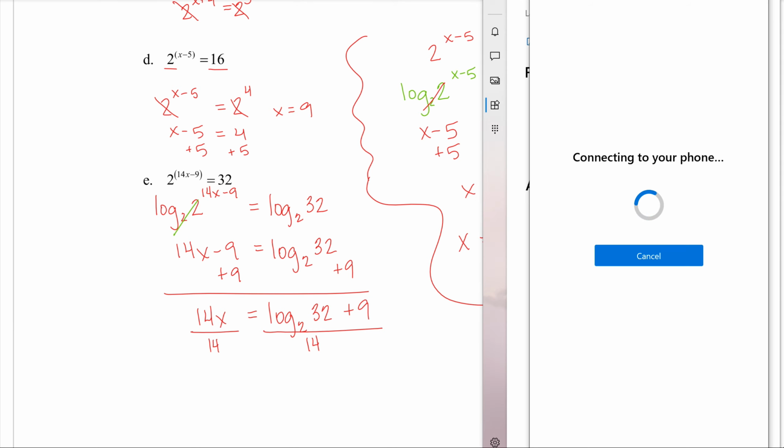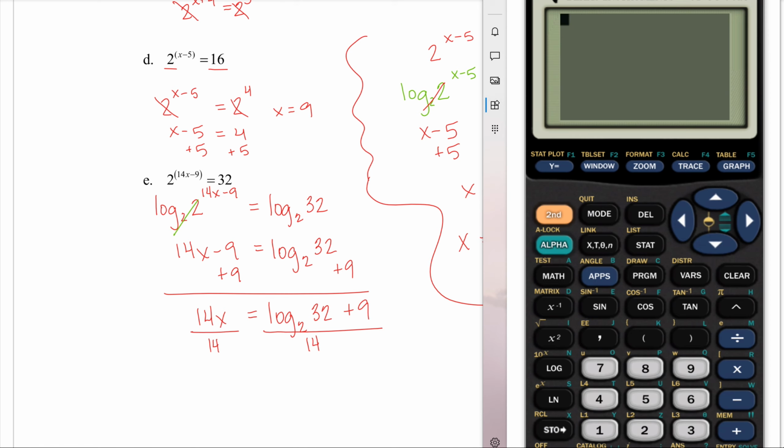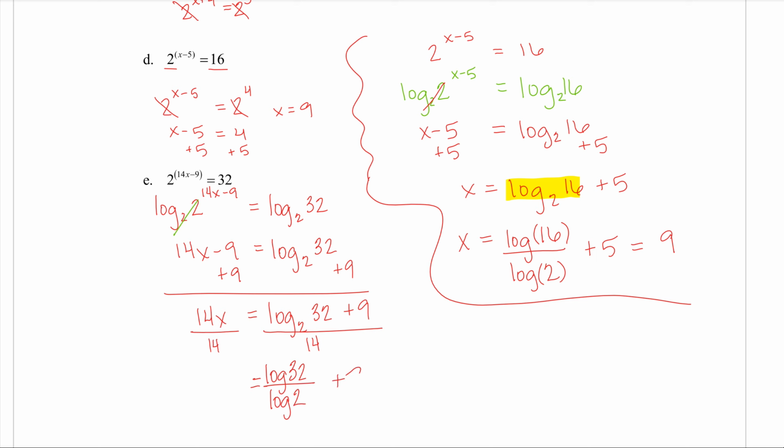Okay, so in my calculator, I'm going to do this one at a time. Let me move this down so that you can see it. All right, I'm going to plug in log 32. Well, sorry, we obviously know that this becomes a change of base. So this becomes a log 32 over a log 2. Again, this is plus 9, and then all of it at the end is divided by 14.